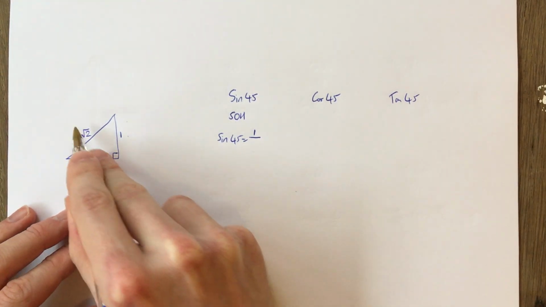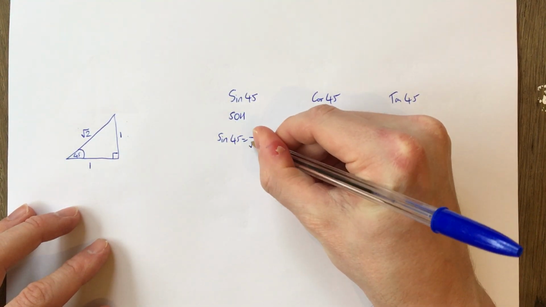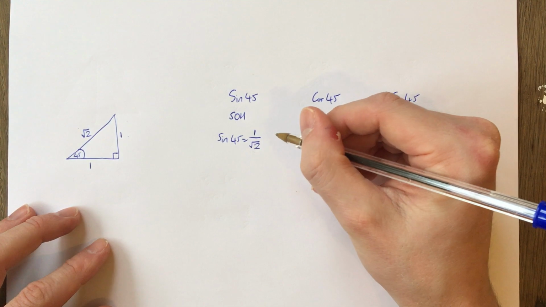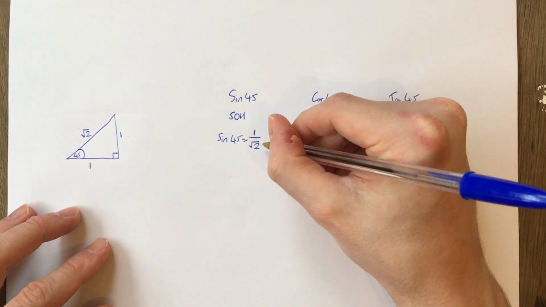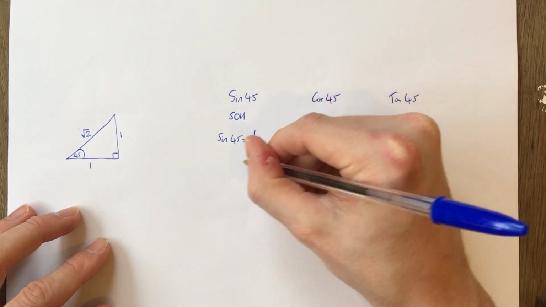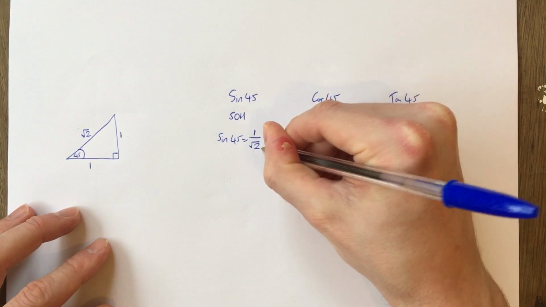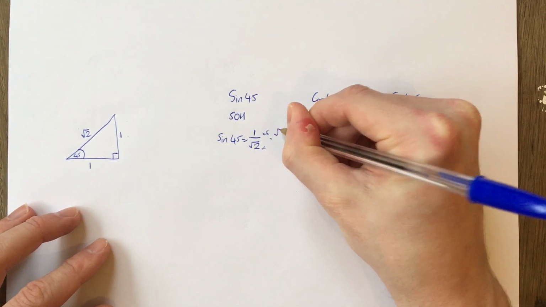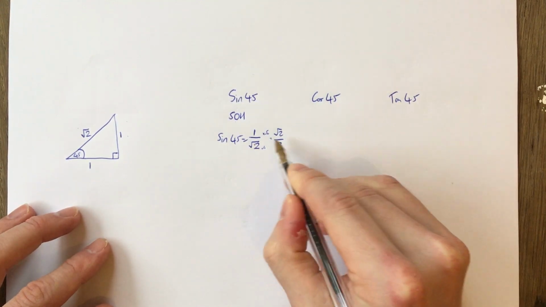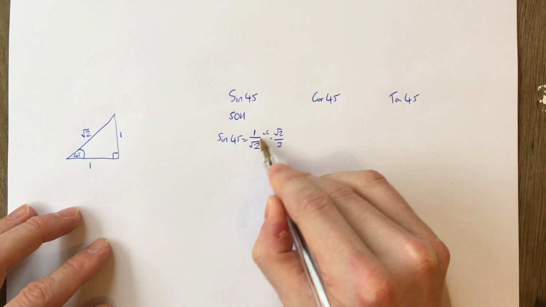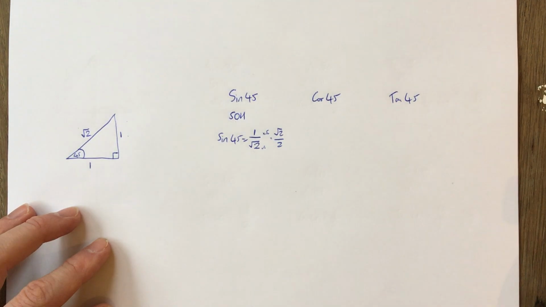So therefore the hypotenuse in this case is going to be root 2. So it'd be 1 over root 2. Again, as you know, that can be multiplied by root 2 to become root 2 over 2. Either one of them is going to be right. That there, the unrationalized one, you can get from the triangle.